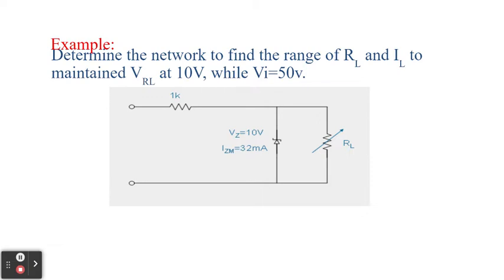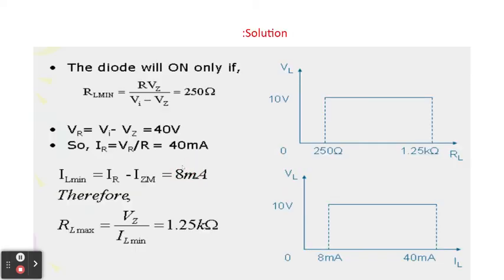Therefore, the given here is assumed to be 10 volts Zener voltage and 32 milliamperes IZ maximum. And we have the resistor here, which we can call R or RS, as 1 kilo ohm.